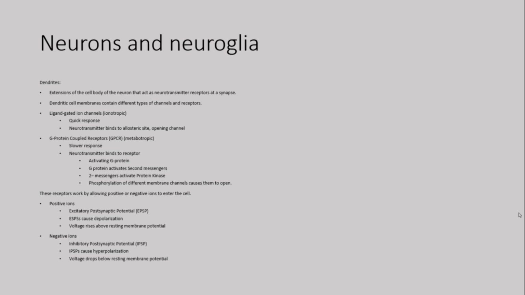One of the channels is the ligand-gated ion channels, which are also called ionotropic, and they are basically quick response channels. The neurotransmitter will bind to the allosteric sites, and this will open the channel. So the allosteric site, not the active site.